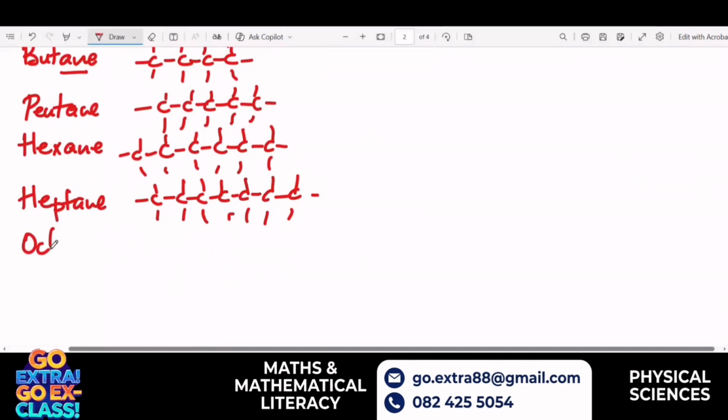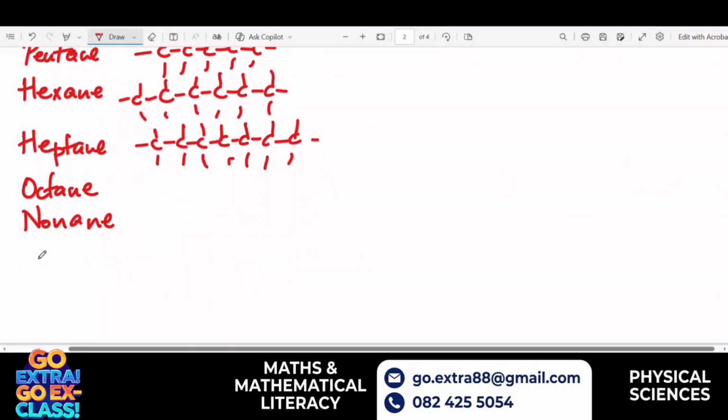Also we have octane, number 8. And the last one I'm going to add is decane, which means it has 10 carbons in that straight chain.